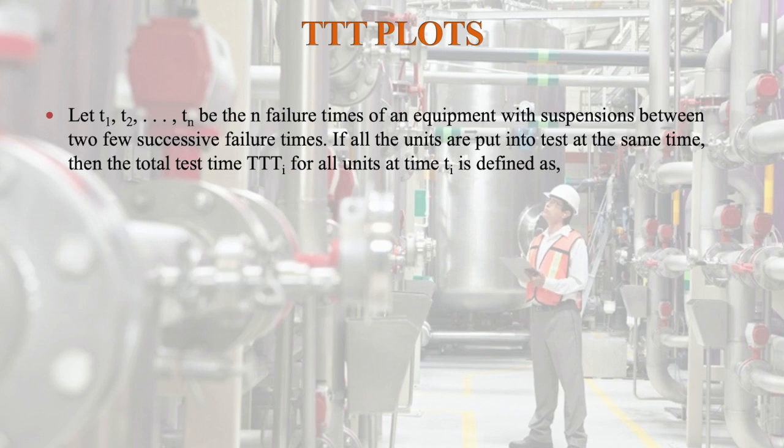Let T1, T2 up to Tn be the n failure times of an equipment with suspensions between two successive failure times.